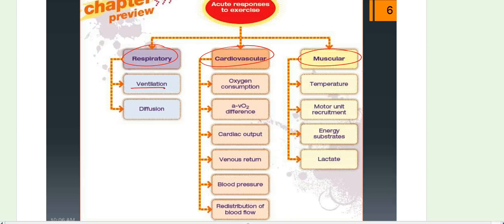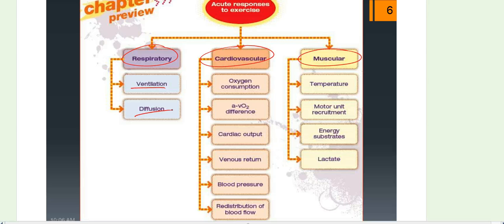So that will increase to increase the amount of oxygen that we can actually get into our system. Diffusion is where we get our gaseous exchange between the alveoli, so the end point of the lungs as such, and going through to the blood. So that will increase. If we have more oxygen going into our blood from our lungs, then theoretically we can deliver more oxygen to our working muscles.